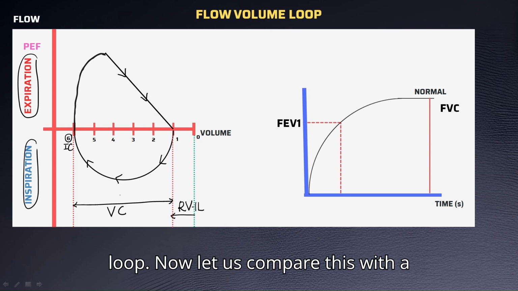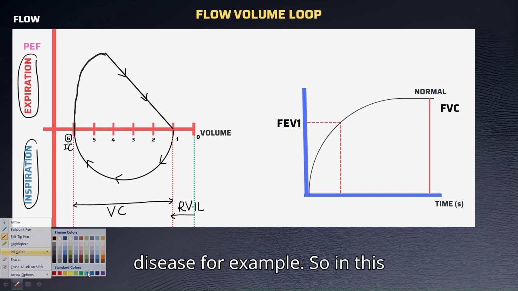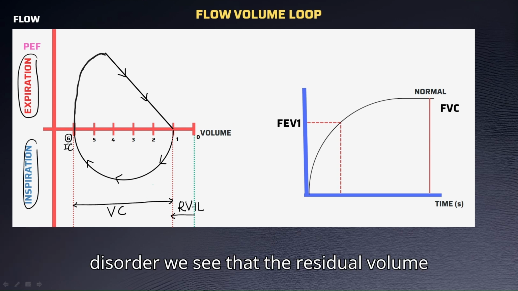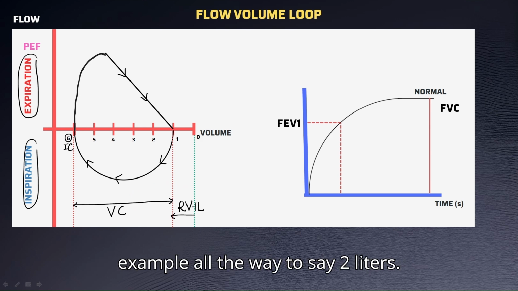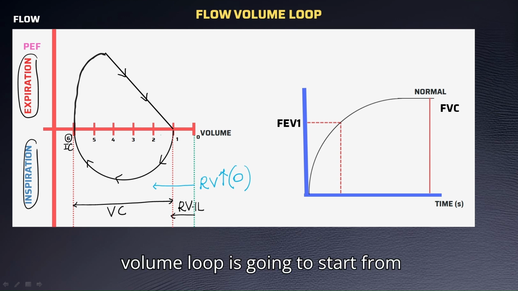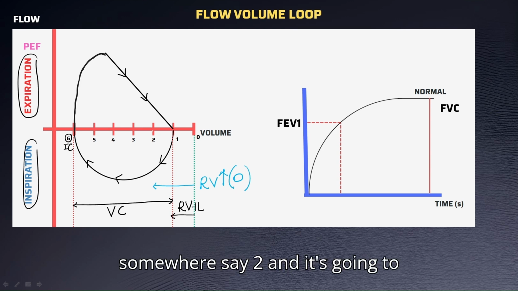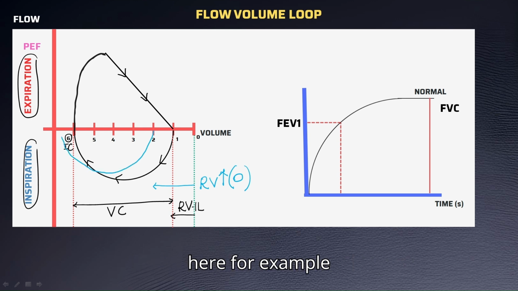Now let us compare this with a patient who has an obstructive lung disease, for example. So in this disorder, we see that the residual volume is actually increased significantly, for example, all the way to, say, 2 liters. So this residual volume is increased in obstructive lung disease. So the flow volume loop is going to start from somewhere, say, 2, and it's going to go all the way like this to, say, this part here.